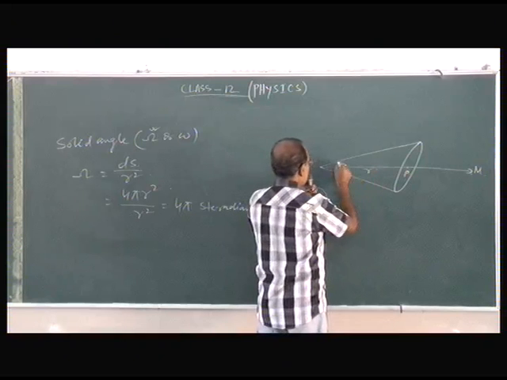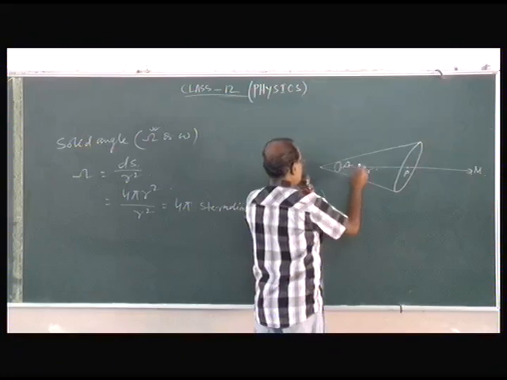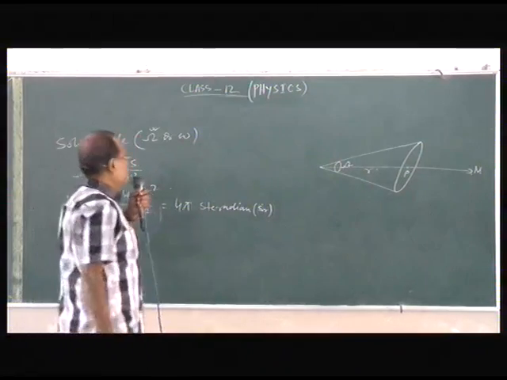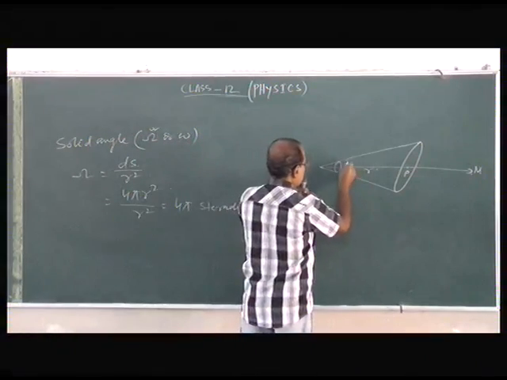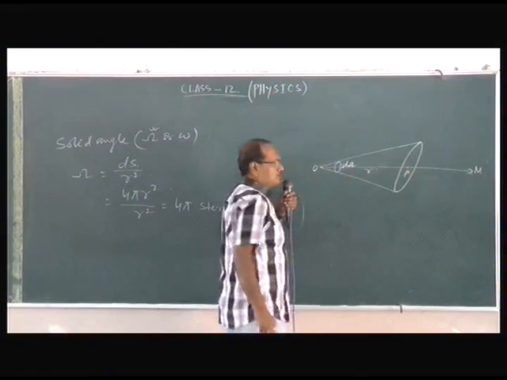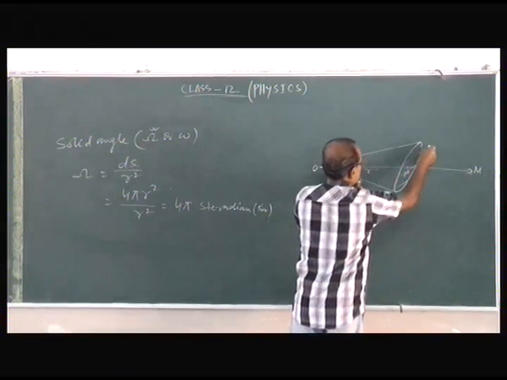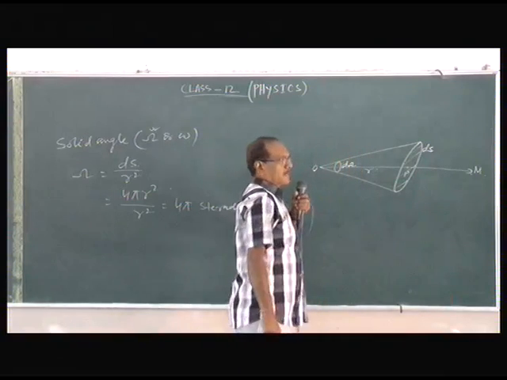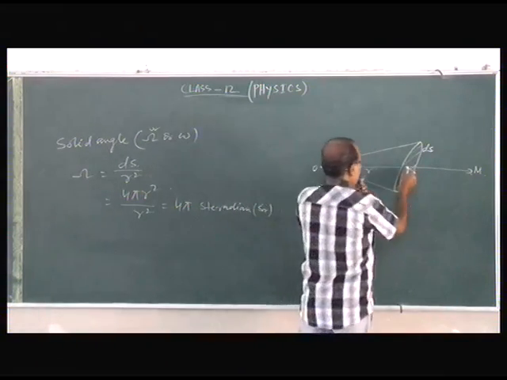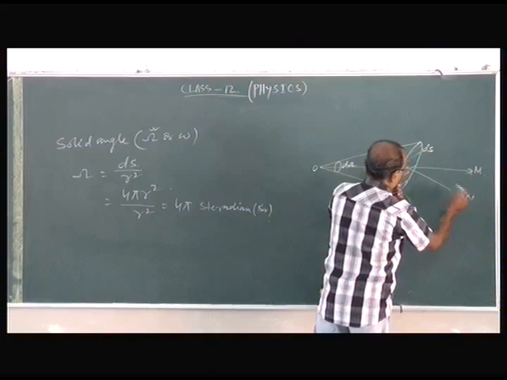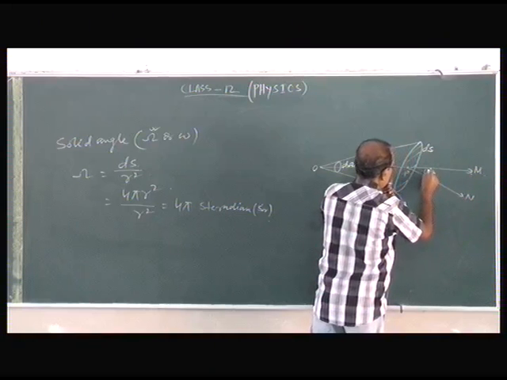This distance is R and this is the solid angle omega, or a small solid angle d omega, this is O. The surface of this is say ds. Now we draw a normal to this surface ds, say this is Pn, and this Pn will make an angle theta.